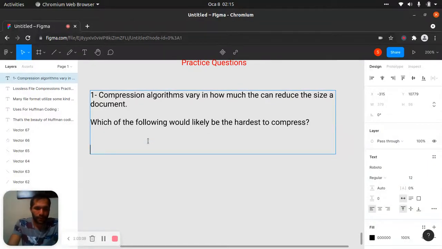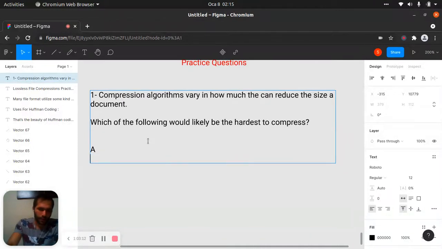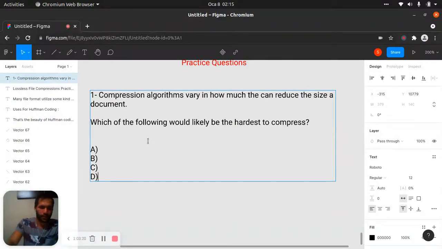This is A, this is B, this is C, and this is D. Let's write it first. The Declaration of Independence, right? The Declaration of Independence.